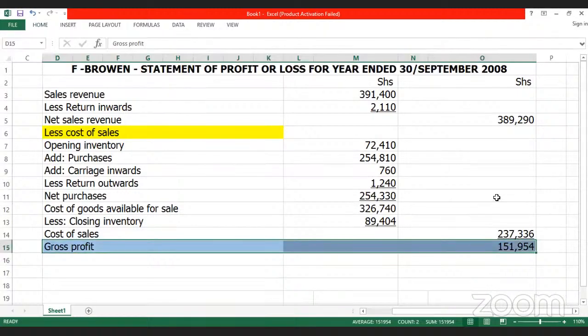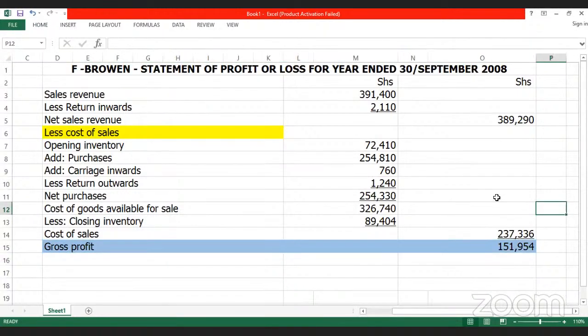Now, to get that gross profit, normally you have to add those other incomes if they are there. So try to check through the question and see if you have discounts received, rent received, interest received, commission received.